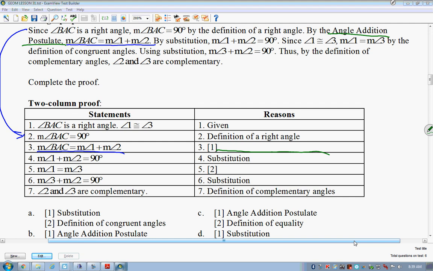So we see substitution, so we want to come down to our next sentence that has measure angle 1 equals measure angle 3. Let's see, since measure angle 1 equals measure angle 3, okay? Measure angle 1 is equal to measure angle 3 by the what? What is my reason there, Maddie?